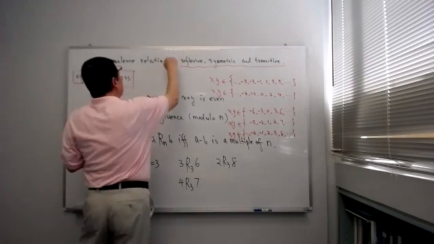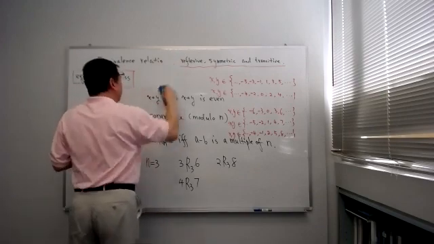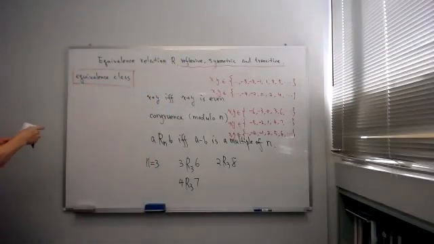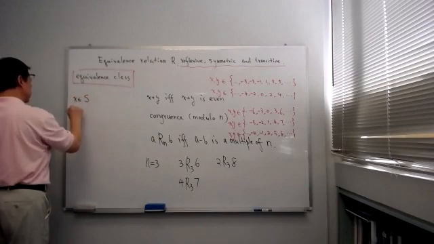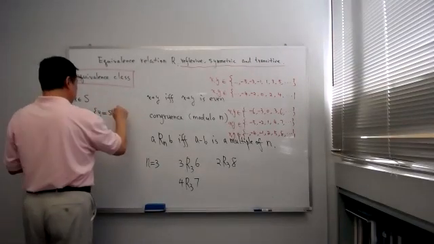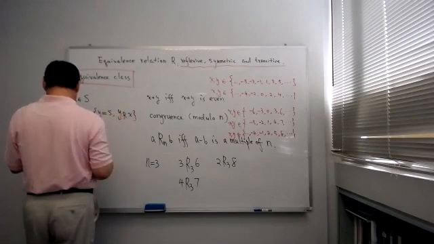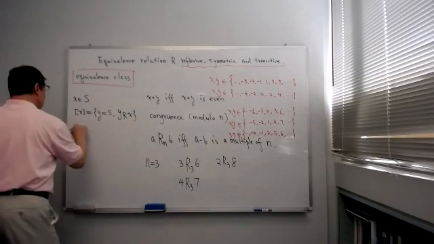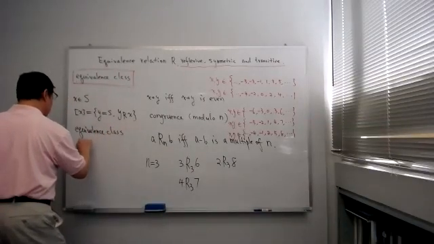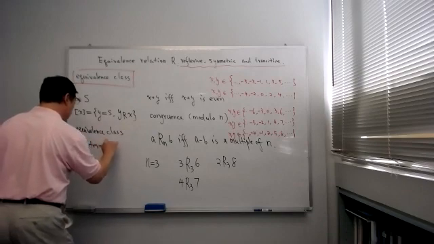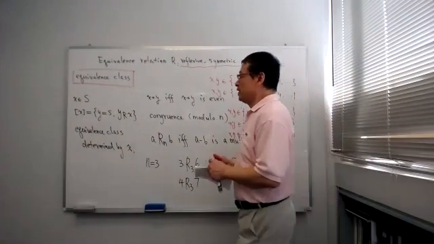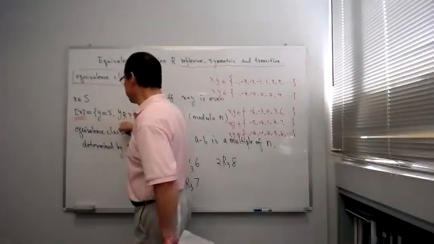So we have an equivalence relation R. Once we have a relation, actually any relation, we can construct a subset of elements with this definition.